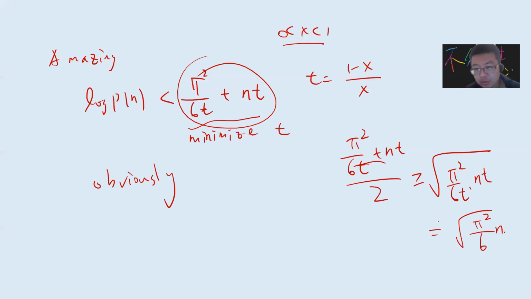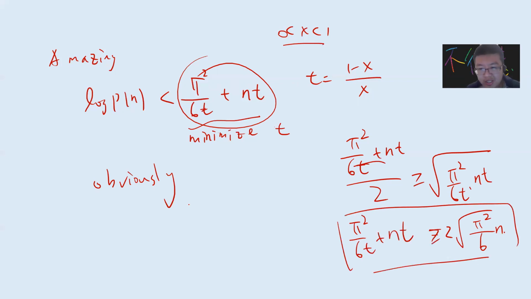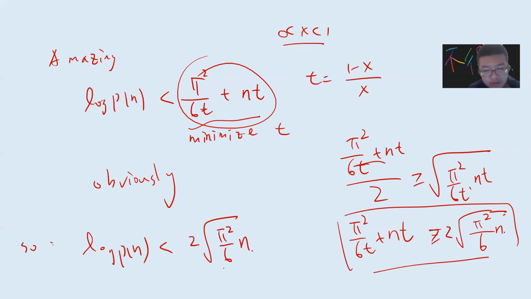Times 2. So log p(n) is less than or equal to 2 times the square root of pi squared divided by 6n.